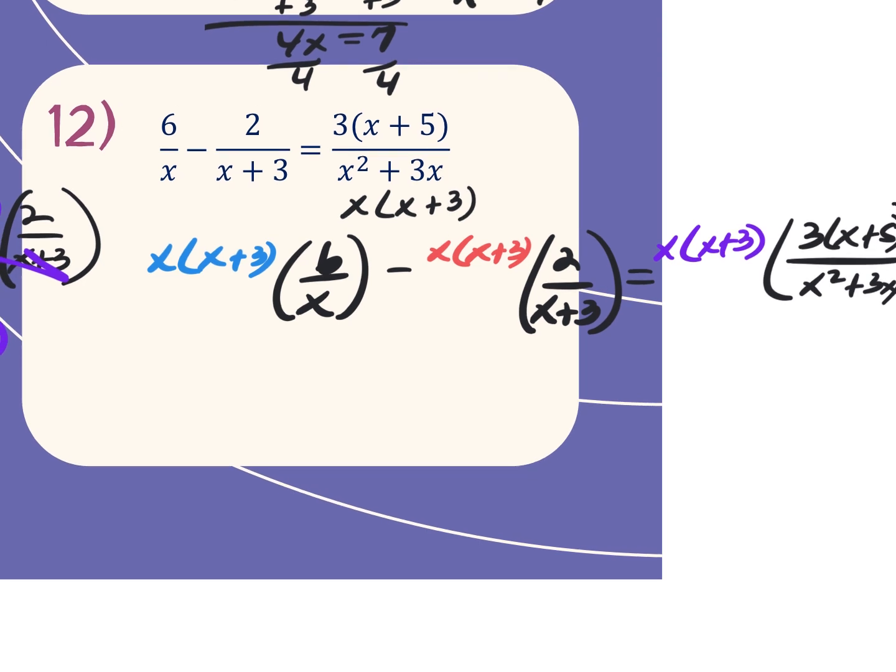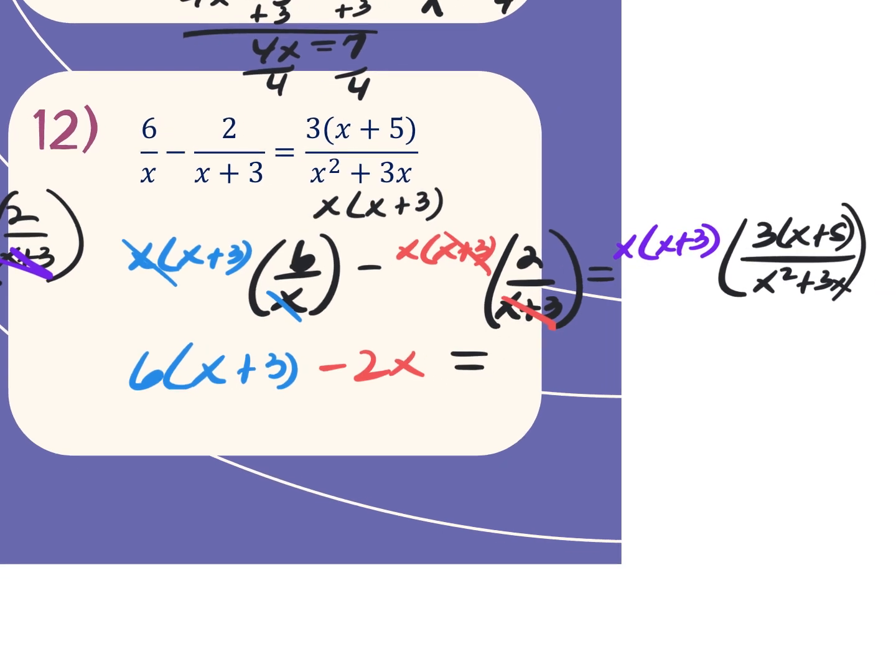All right, so let's look to see what cancels and what we have left to distribute. So the blue, just the x cancels, so I have to distribute the 6 to the x plus 3. Then for the red, the x plus 3 cancels, so you just multiply the 2 times the negative x, or the negative x times 2. And then the purple, the whole thing cancels.